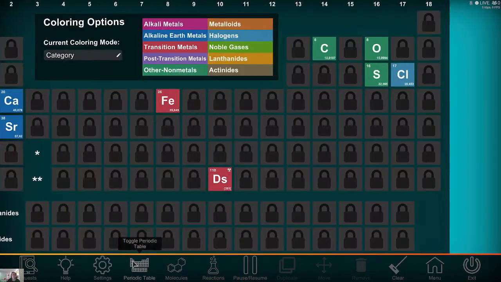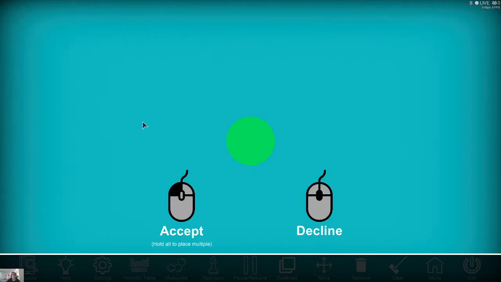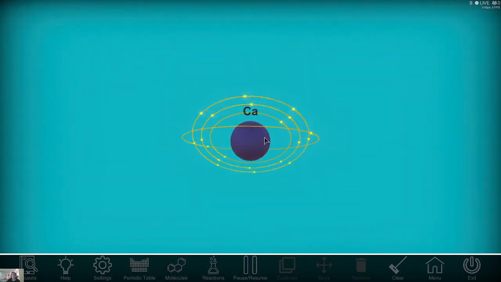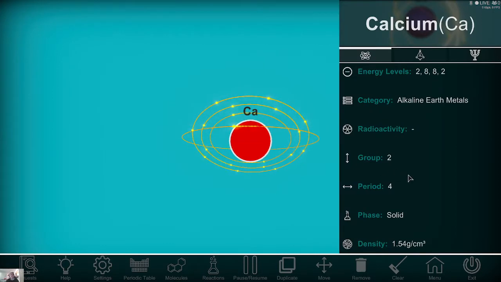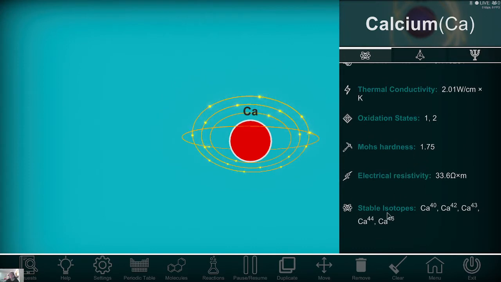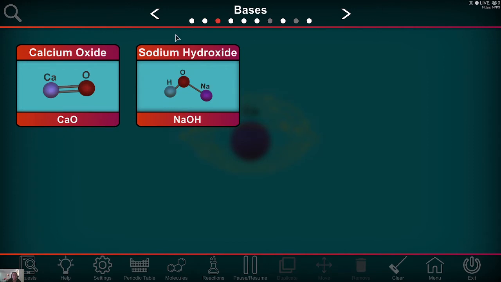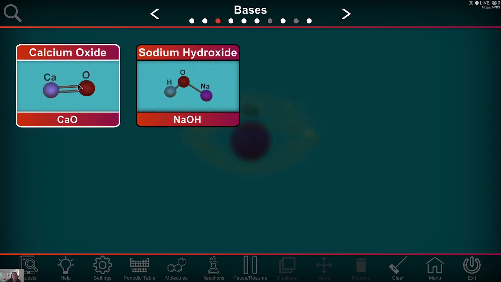Let me start over. Okay, so calcium. How many? Okay, so we see that stable isotopes, electrical resist. Wait, let's go back to molecules and this one, calcium oxide.